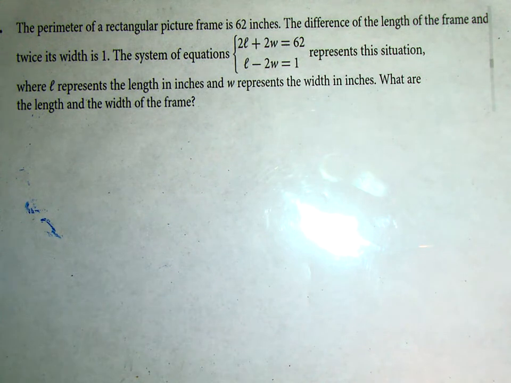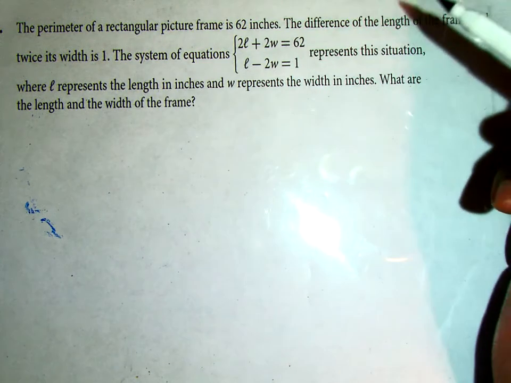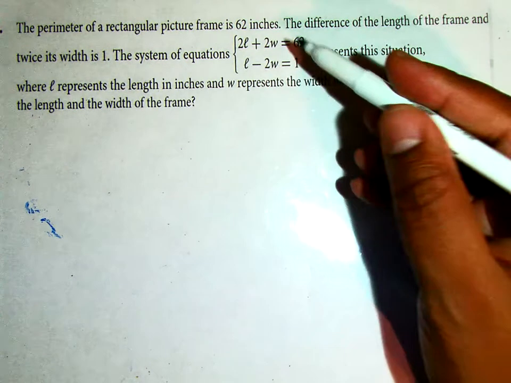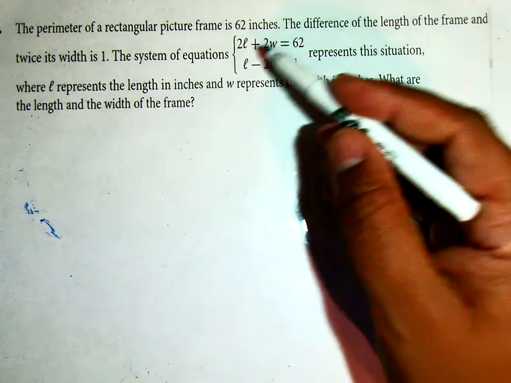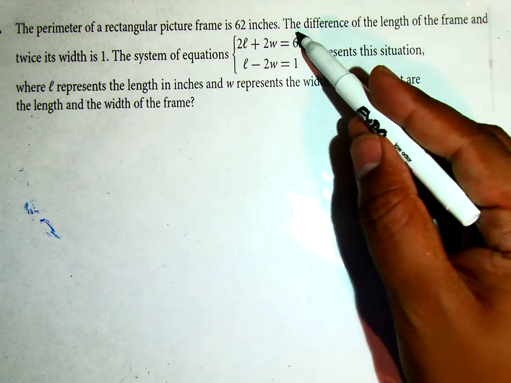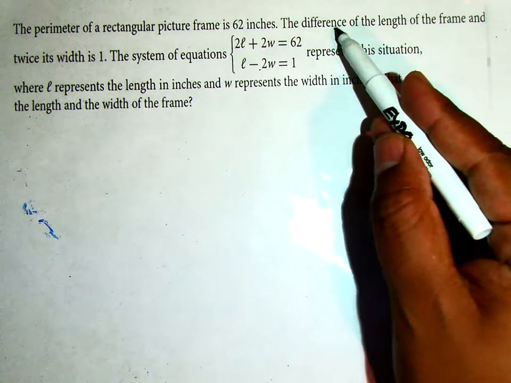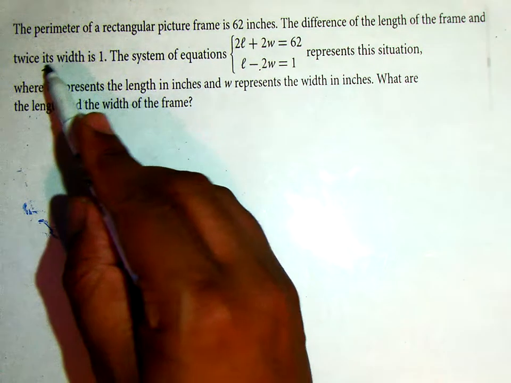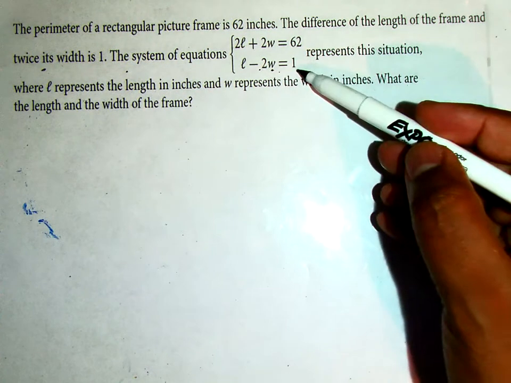All right, so you're dealing with two things here. You have the perimeter, which is 62 inches. And the formula for perimeter is your length times 2 plus your width times 2, and those add up to equal 62. Then they also tell you some more information: the difference of the length, L minus, and twice the width, 2 times W, is equal to 1.